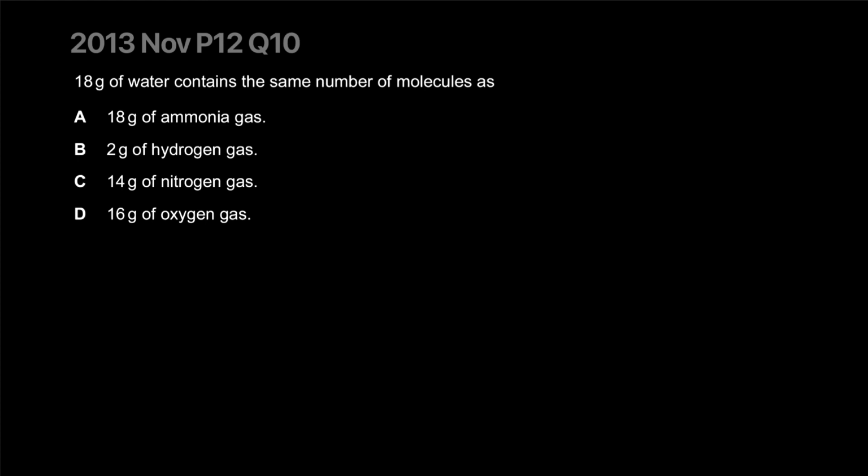Let's move on. 18 grams of water is actually 1 mole of water, right? So which of these have the same number of molecules? 18 grams of ammonia will be 18 over 17, approximately 1. 2 grams of hydrogen, and the Mr of hydrogen is also 2, that will give you 1 mole. 14 grams of nitrogen.